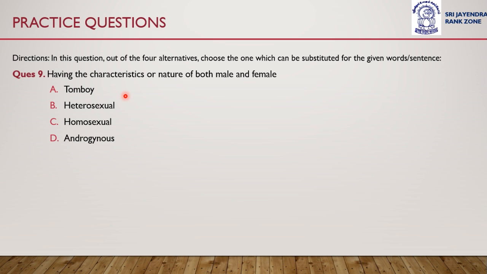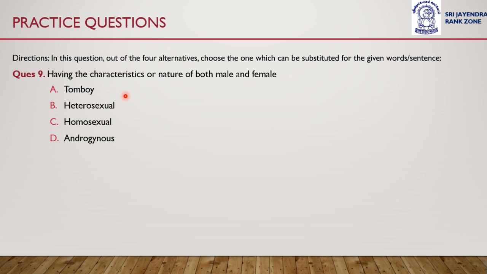Question number 9. Having the characteristics or nature of both male and female. Out of the given alternatives, which one can be substituted for the given sentence? Is it option A, tomboy?